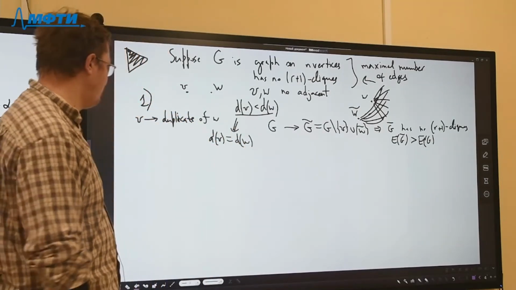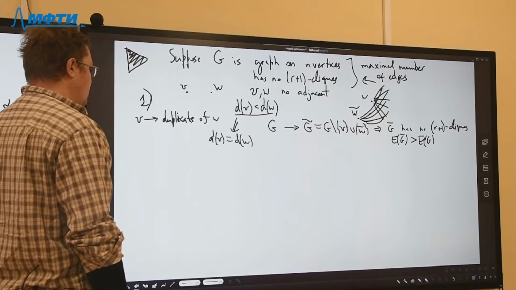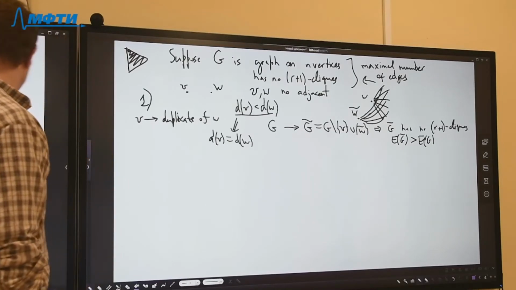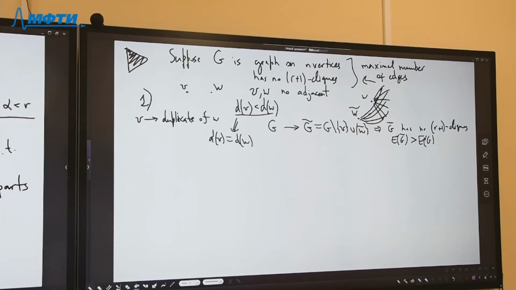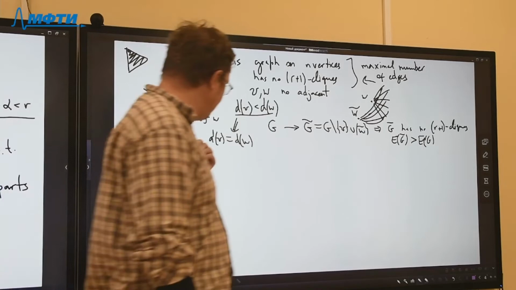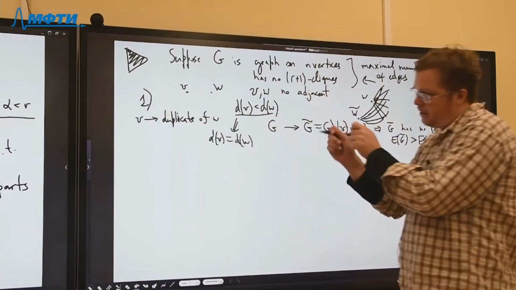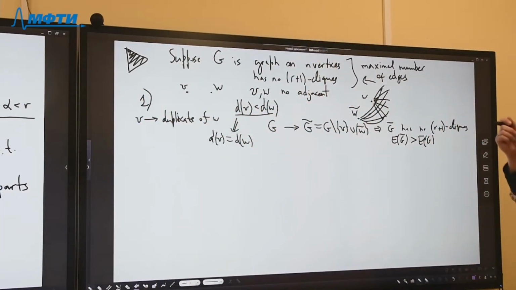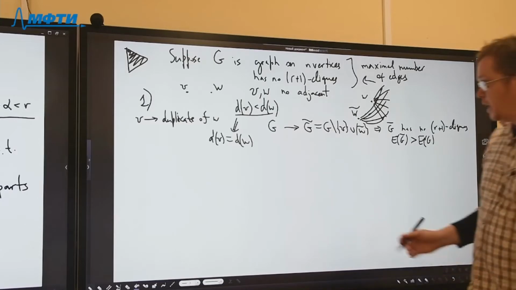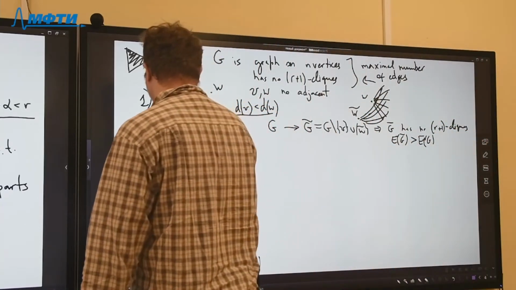Okay, so if you look closely, you can see that we're just trying to construct the Turán graph here. So now we know that all the non-adjacent vertices have the same degree. Okay, second option.